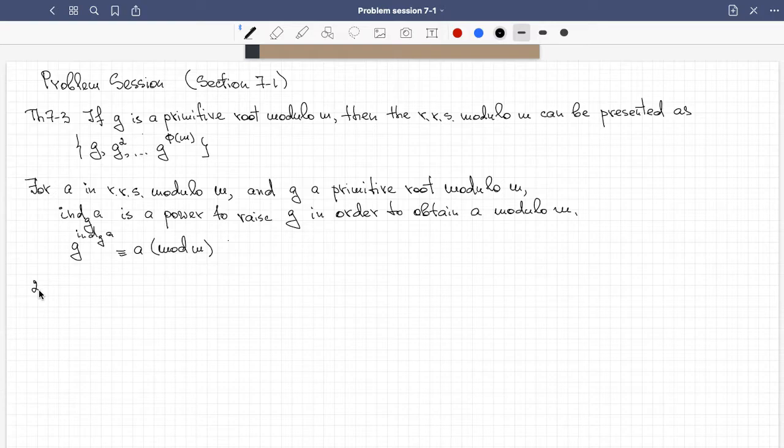So they ask in this second exercise to construct a table of indices of all integers for m is 17 and g is 3. So we have m equals 17 and g equals 3 is a primitive root.